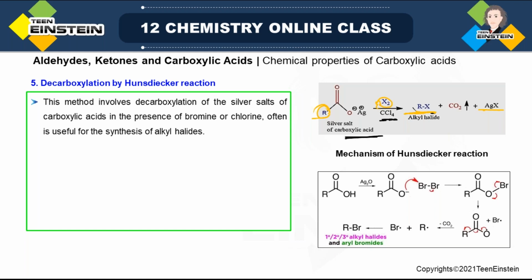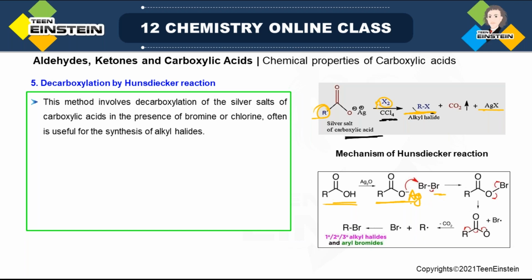What is the mechanism of this reaction? How can you first convert this carboxylic acid to the silver salt? You can do it by using Ag2O, silver oxide. First you are making the actual starting material for Hunsdiecker, which is not directly the carboxylic acid but the silver salt of carboxylic acid. Then we are using the halogen bromine.